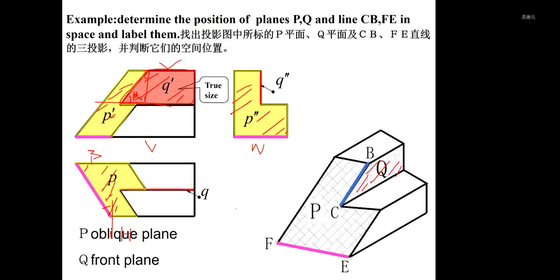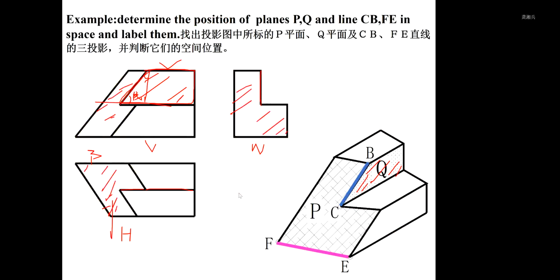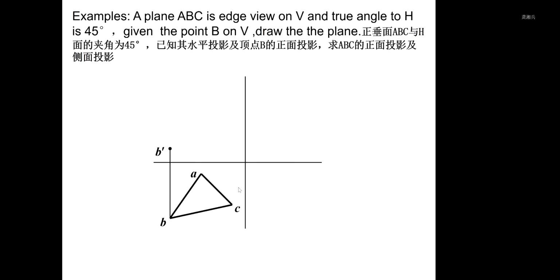Okay, we'll go ahead to another example here. Maybe you'll take some time to finish this one. A plane ABC, we know that we have a plane here.